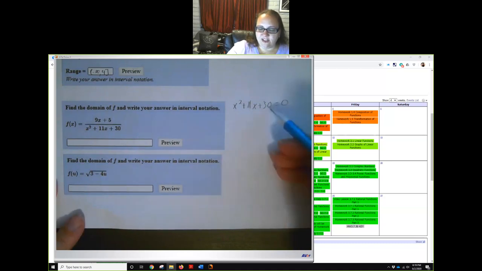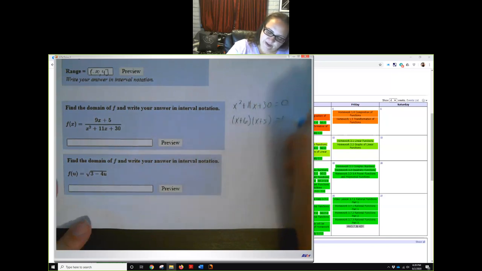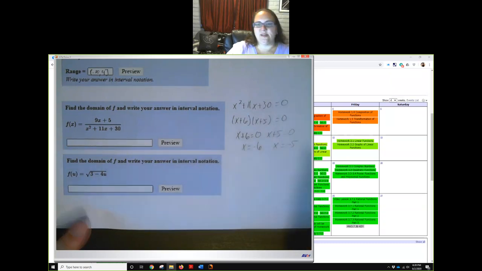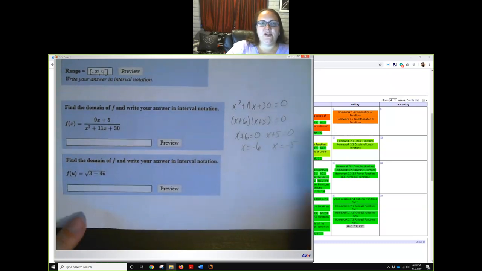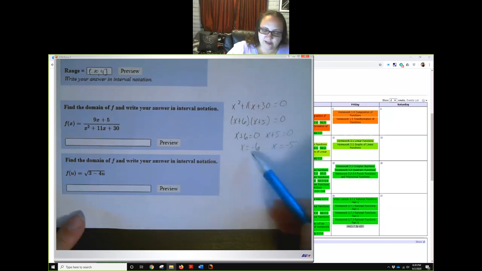So two numbers that multiply to 30 and add to 11 would be 6 and 5. So then x plus 6 equals 0, or x plus 5 equals 0. Either x equals -6 or x equals -5. Okay, let me back up.